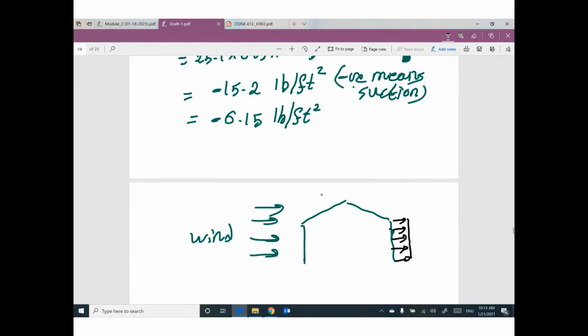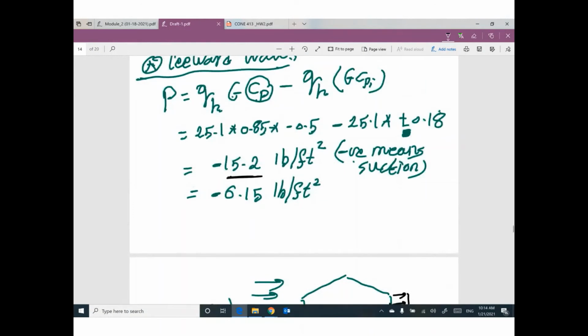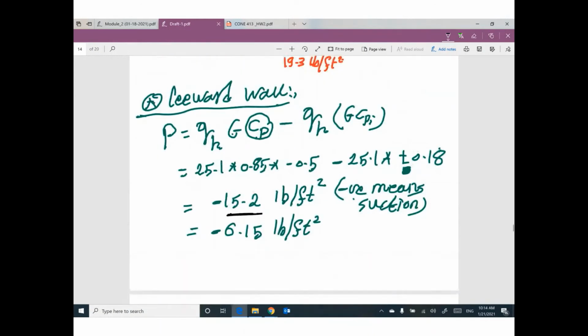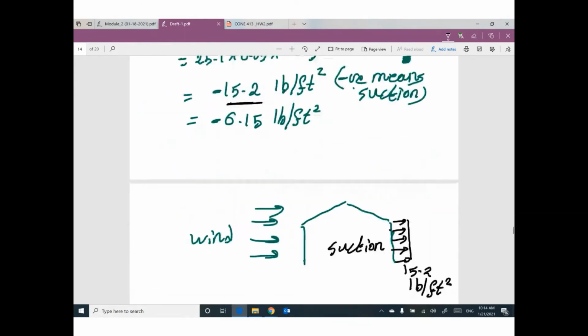How much? I will use the maximum value, 15.2 pounds per square feet, suction. This is for the leeward value.